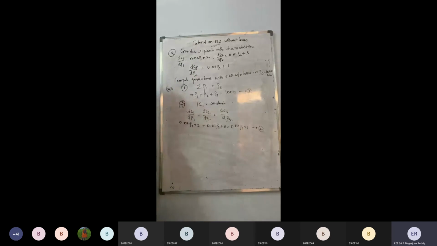Solving 1 and 2 will give me an answer. So how to solve this 1 and 2? In terms of P3, I will get P1, and P2 also I will get. The choice is yours. I employ these 2 equations. So P1 is equal to 0.03 P3 minus, 1.5 P3 minus.